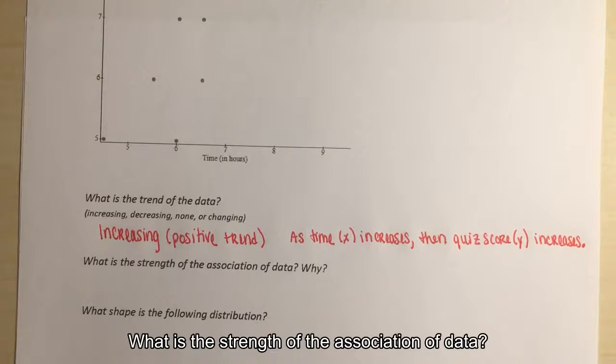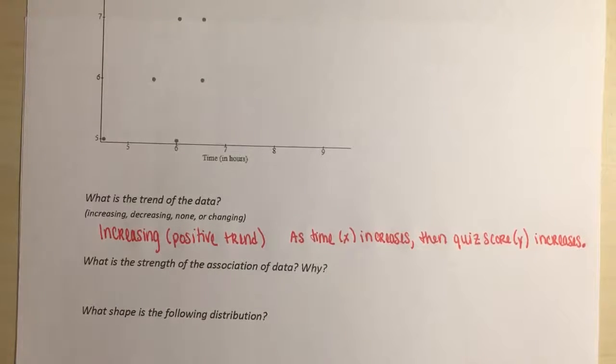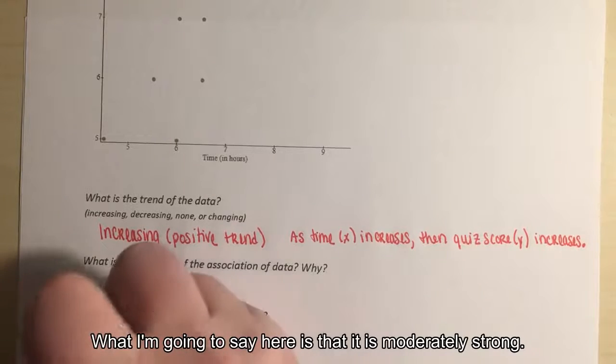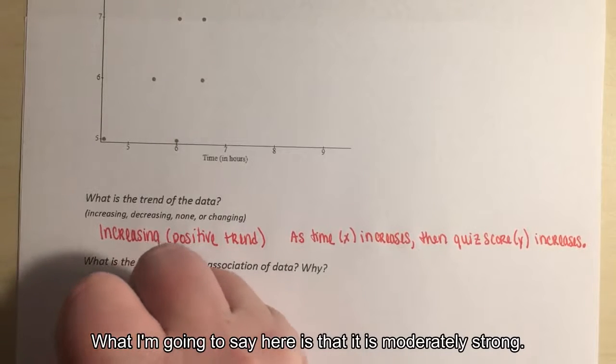What is the strength of the association of data? So what I'm going to say here is that it is moderately strong.